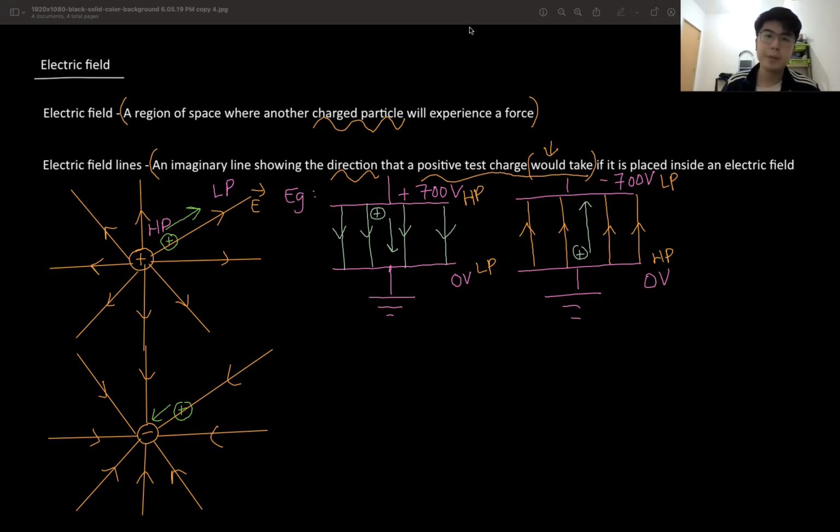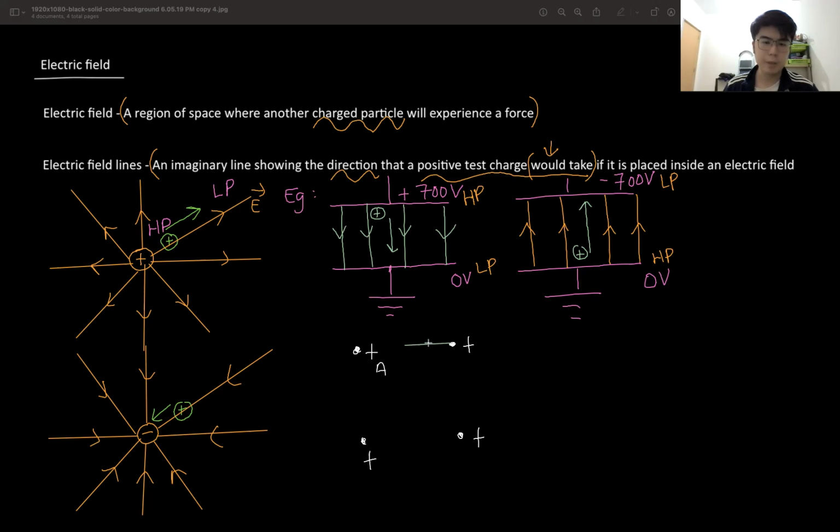For example, let's say here I have a positive charge, here a positive charge, here a positive charge, and also here I put a positive charge. Let's name this one charge A. Now I have so many charges, 4. But what is the electric field?